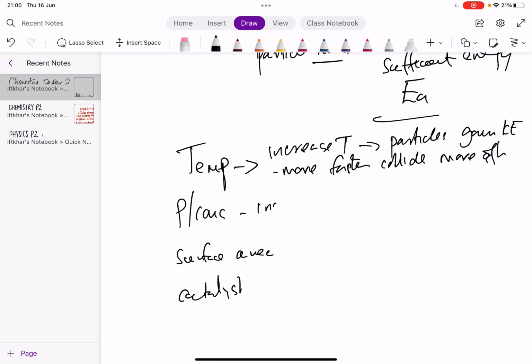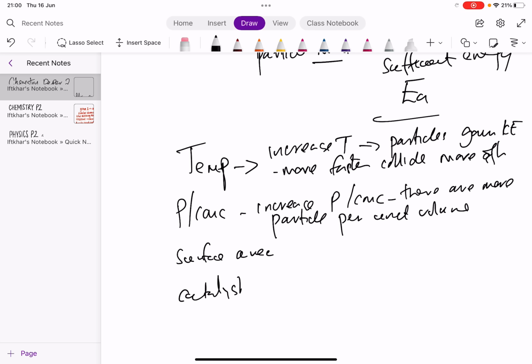When we increase pressure or concentration, there are more particles per unit volume, meaning in the same space there are more particles. When there are more particles, then there will be more frequent collisions. When particles are together, they will collide more often.